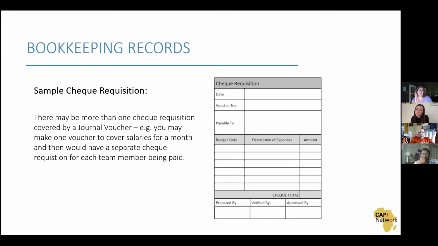And it is important to notice that that is different from the voucher, which is recording what the expenses were. I probably should update this to say check or payment requisition, because we don't all use checks anymore. It's a bit old-fashioned, really.